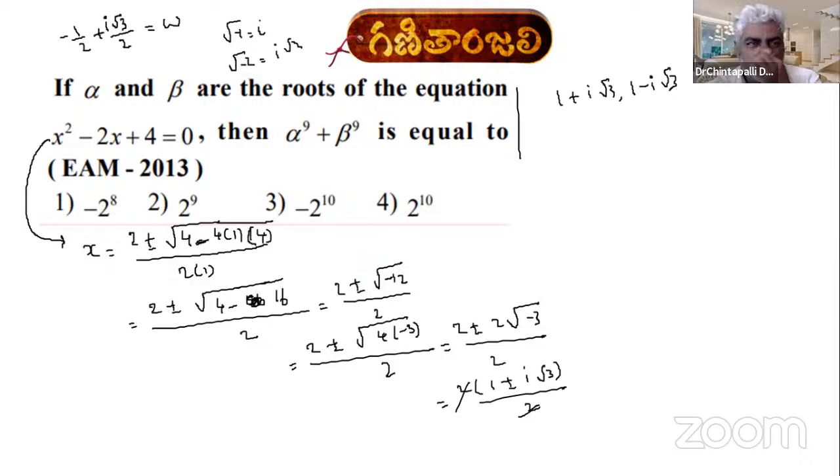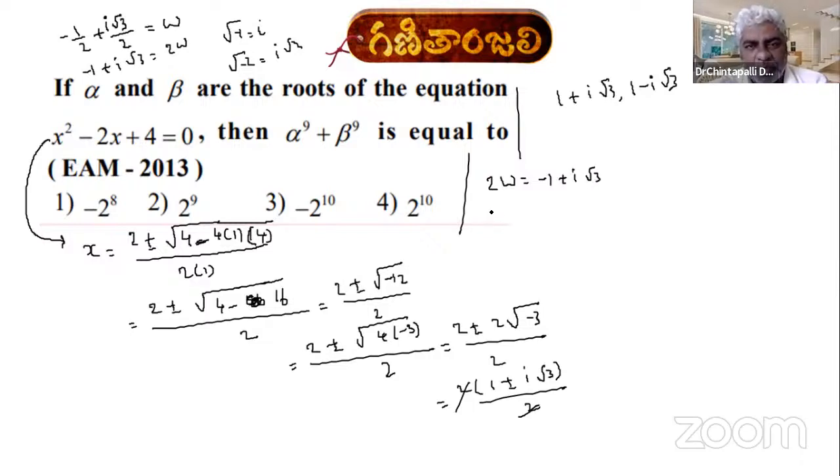See, students, let's come to the point. What is omega? Omega is minus 1 by 2 plus I root 3 by 2. What happens when we multiply by 2 on both sides? Minus 1 plus I root 3 is equal to 2 omega.